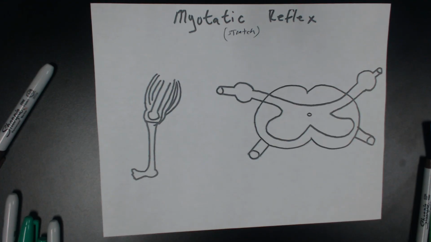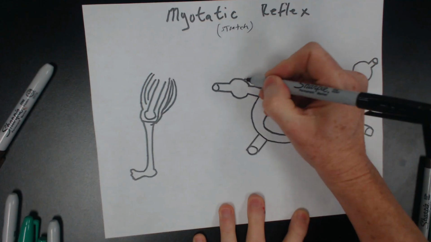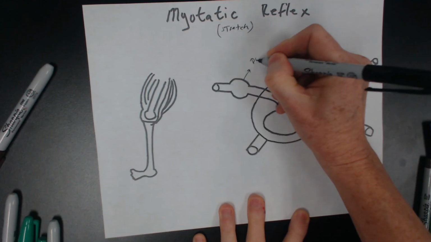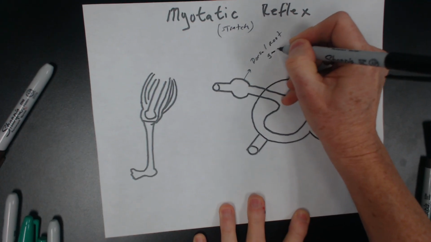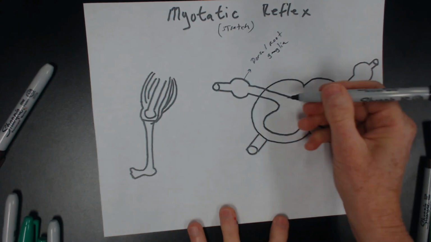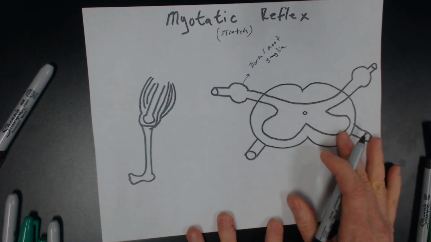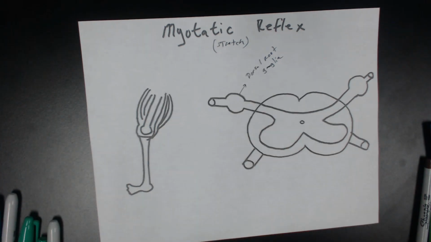Okay, thinking about, this is my basic cross section here through the spinal cord. All right, if I had to label, this would be my dorsal root ganglia. Okay, this would be my dorsal gray horn, my ventral gray horn, overall. And then I'm also going to have over here on your left, this is my representation of a leg.